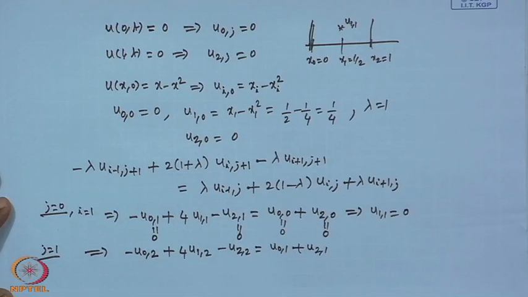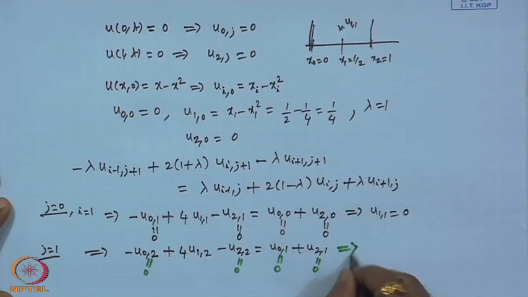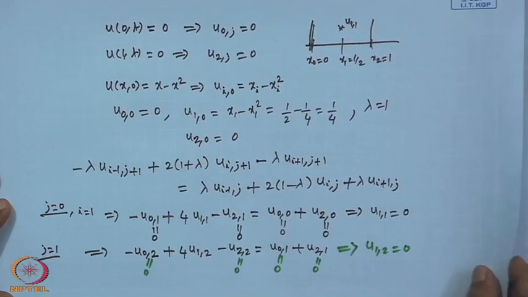Suppose if we do this, even now this is 0, this is 0, this is 0 by virtue of this. So, we are getting... okay. So, what could be the reason?